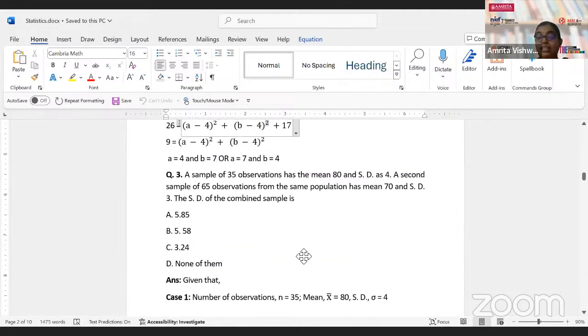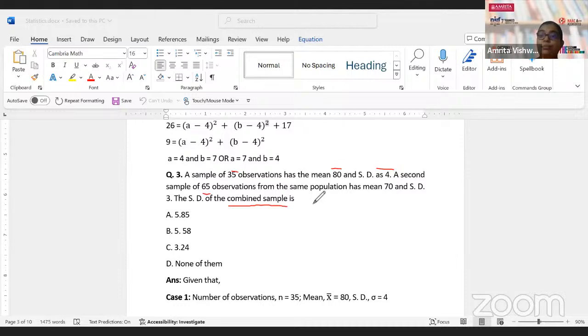Okay. This is also an important question where you have to find the mean, or I would say standard deviation or anything, for a combined sample. So yes, let's read the question. A sample of 35 observations has mean 80 and standard deviation 4. There is one more sample of 65 observations.